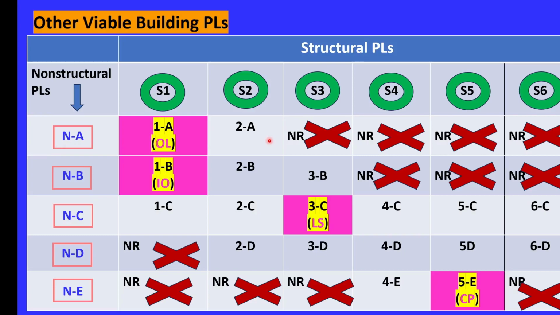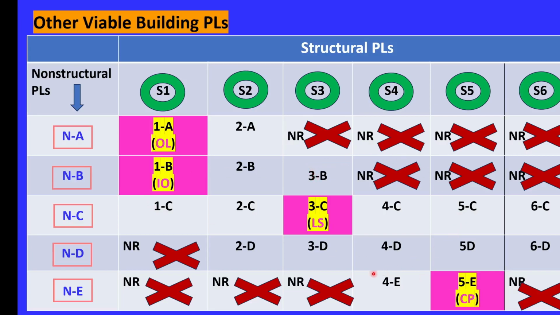As we have discussed, 1A, combining S1 and NA, is the operational level building, which is shown here. This is the highest building possible. And next is the 1B immediate occupancy, combination of S1 and NB, non-structural. Then comes the life safety, which is the combination we have seen. It is 3C, and the collapse prevention building is 5E.